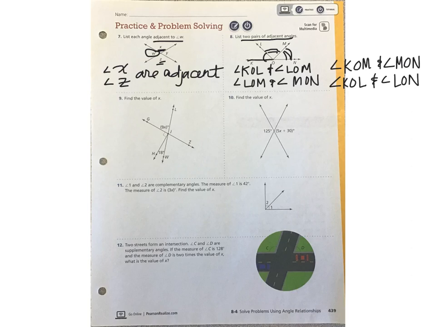Angle KOM, this big angle here, is adjacent to angle MON. And angle KOL, the short angle here, is adjacent to LON, which is the bigger angle out here. So we have all sorts of relationships here with adjacent angles in this picture.